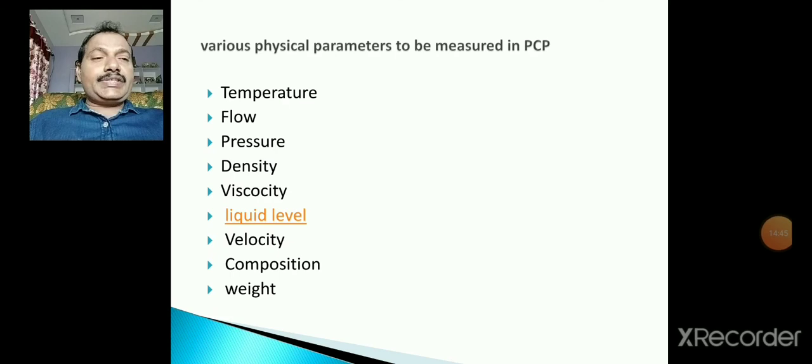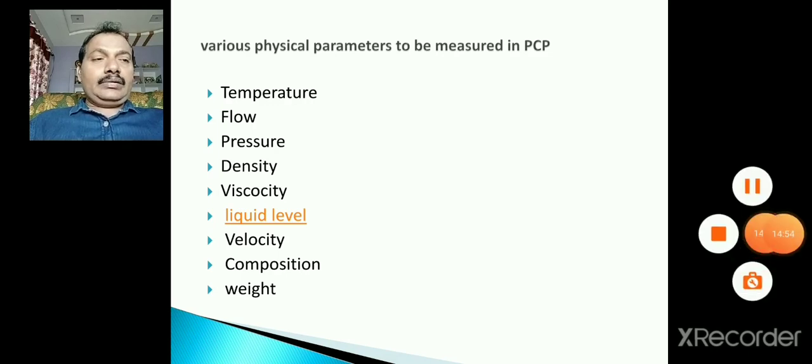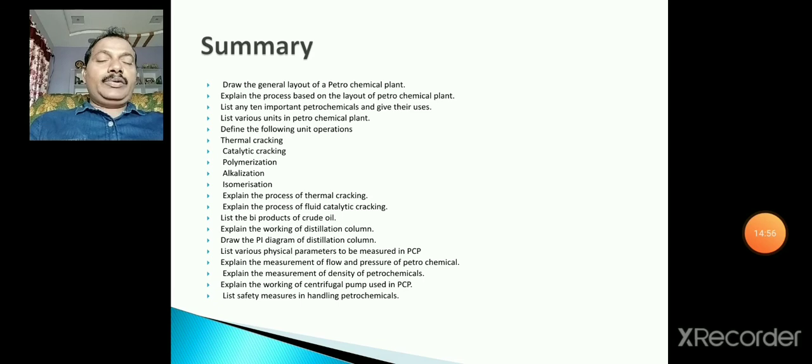So, with this, we will conclude our lesson. Today we have discussed thermal cracking and fluid catalytic cracking in this lesson, and we have discussed the byproducts of crude oil from the natural gas and oil industry.